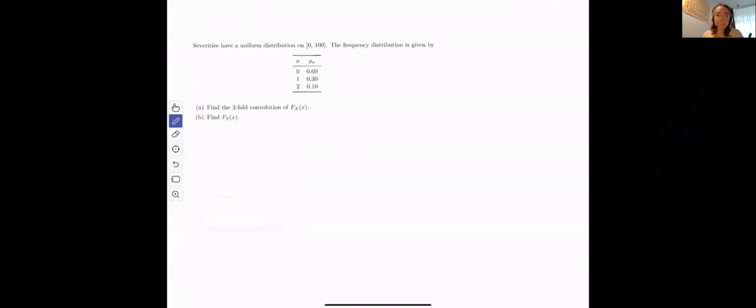So the class was about the individual risk model, but now we're going back to the compound risk model, or the collective risk model. So we consider S, which is our aggregate loss.